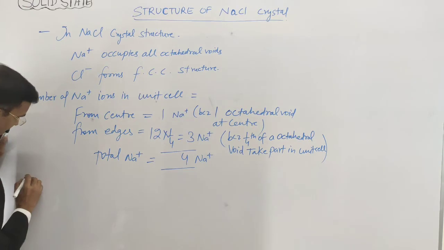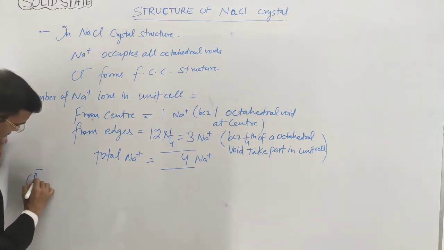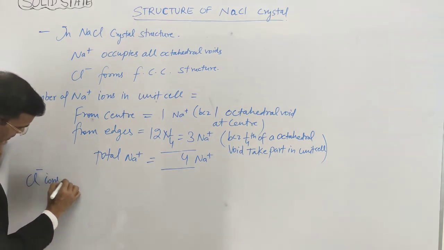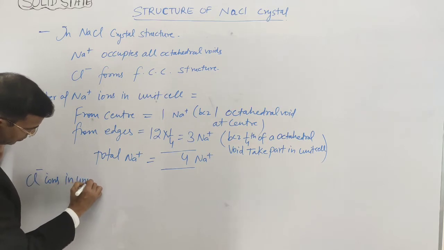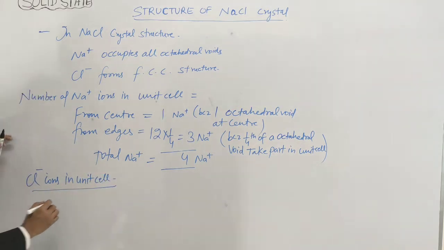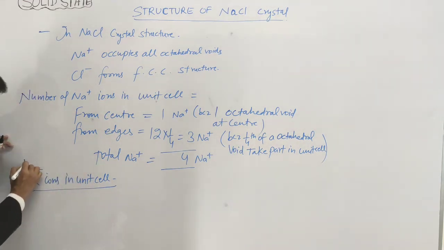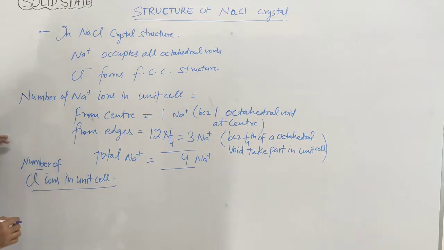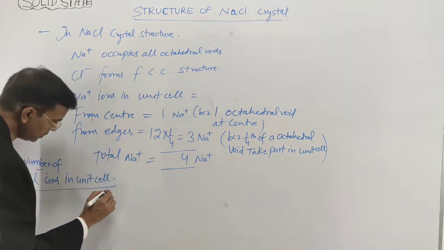Now the number of Cl negative ions in the unit cell.